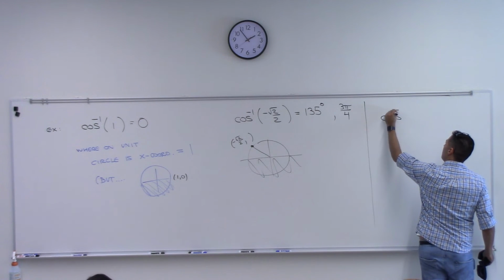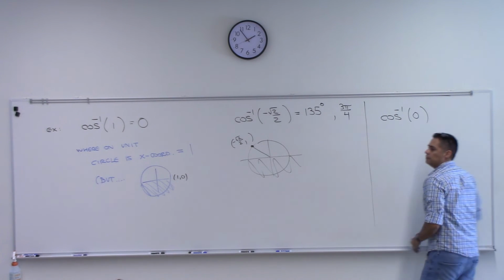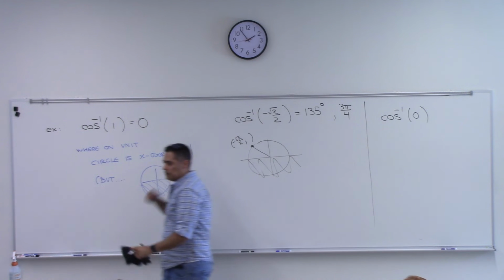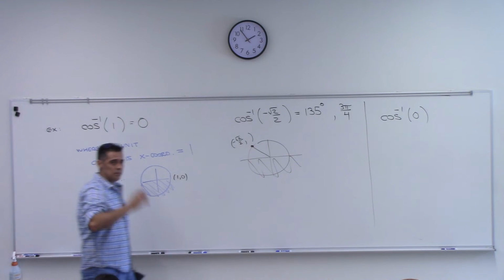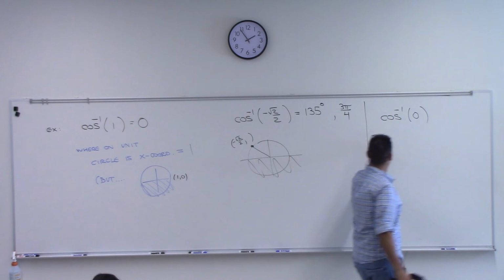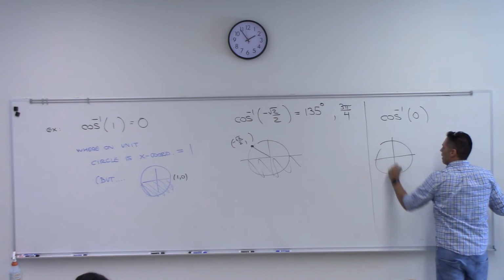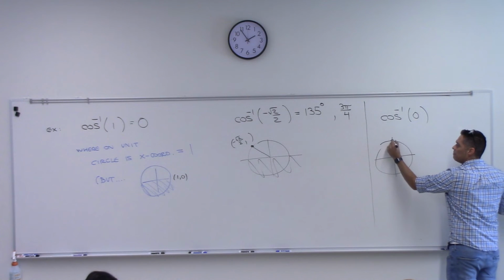Cosine inverse of 0. Gerardo, what do you got? Pi over 2. Pi over 2, right? Where on the unit circle is the x-coordinate 0?